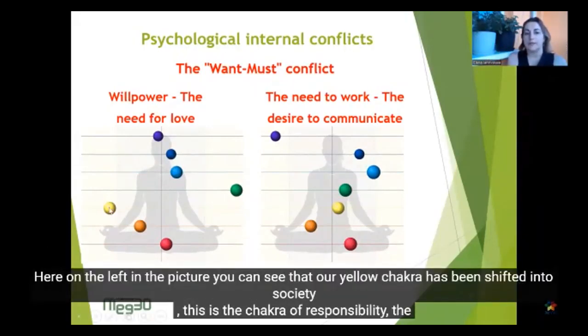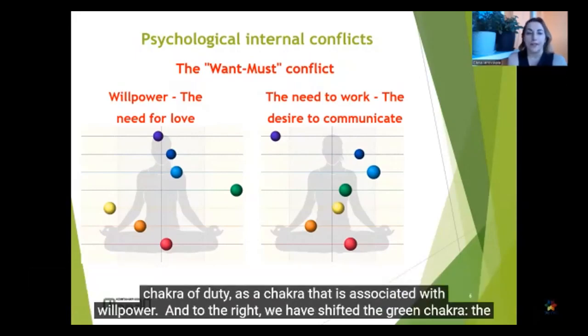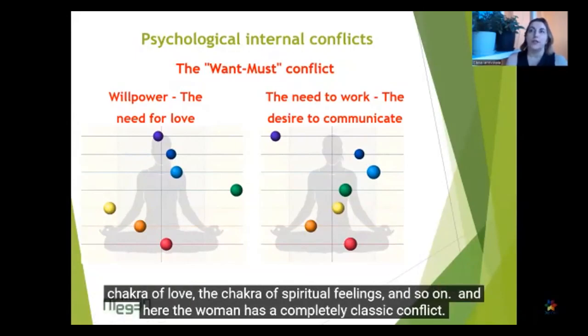Here on the left in the picture, you can see that the yellow chakra has shifted to the extrovert side, to society. This is the chakra of responsibility and duty, associated with willpower. And we see that to the right, to the introvert side, the green chakra is moved, love, spiritual feelings, and so on.